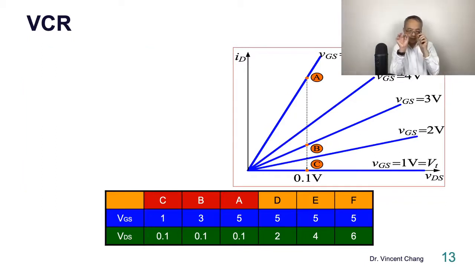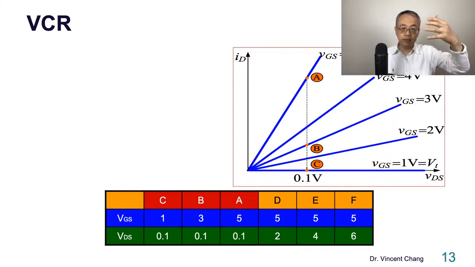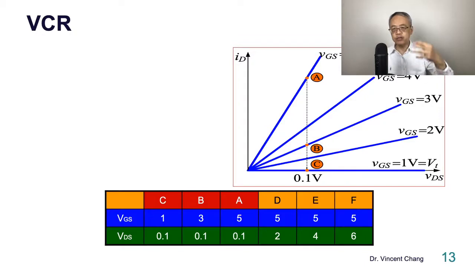In other words, for these 3 points, the combination of A, B, C tells us the behavior of the device around the origin of the IV curve. It is a voltage-controlled resistance.